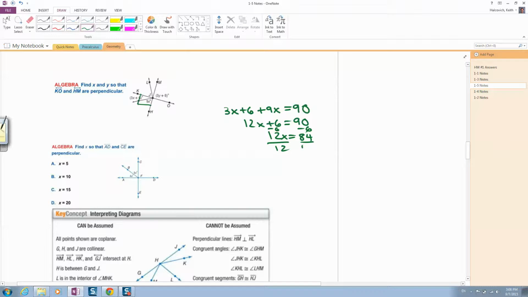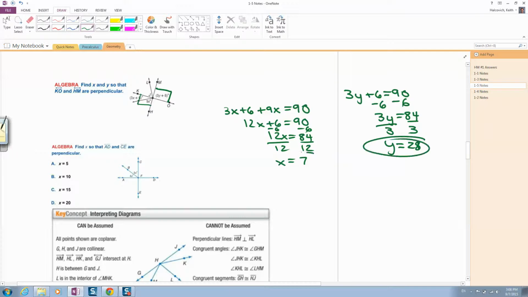Divide by 12 to get x equals 7. This is a right angle, so 3y plus 6 equals 90. Subtract 6, so 3y equals 84. Divide by 3, you get y equals 21. Or sorry, 28. So x equals 7, y equals 28.